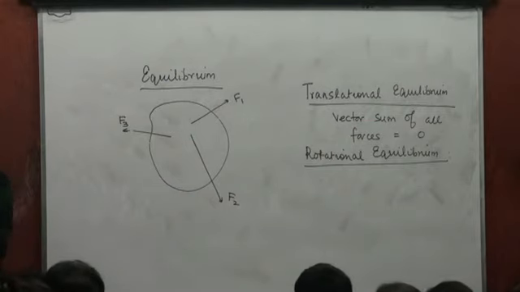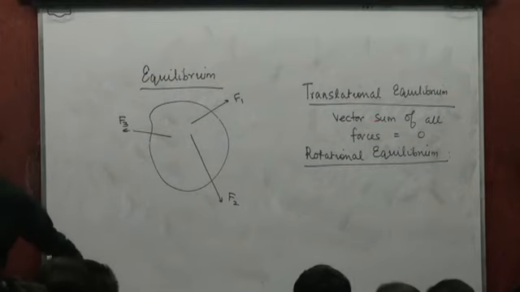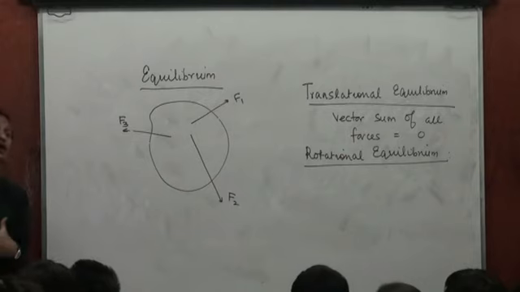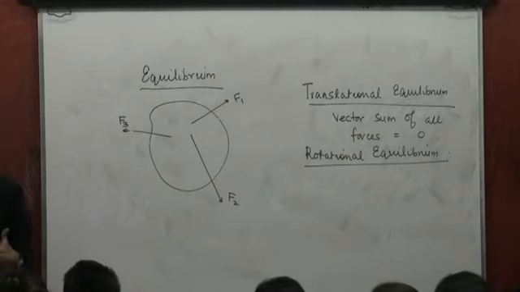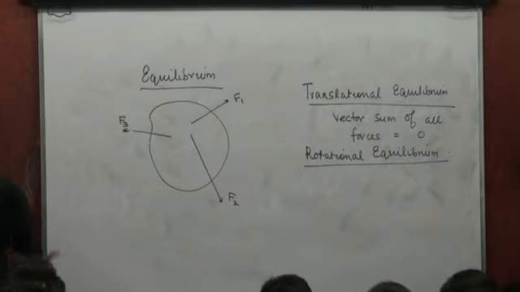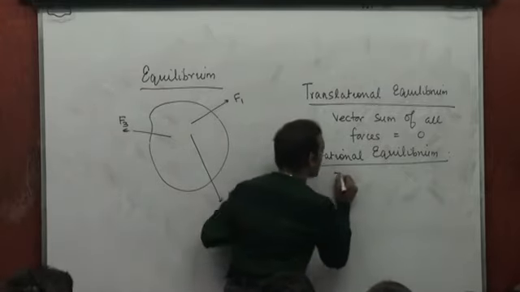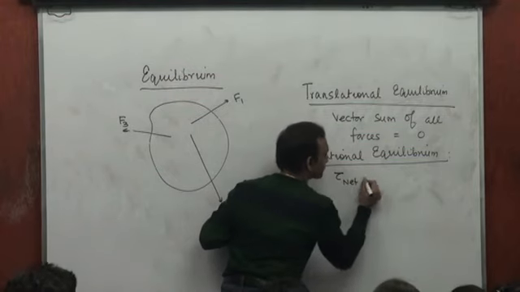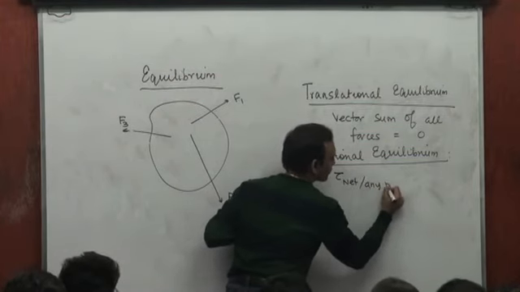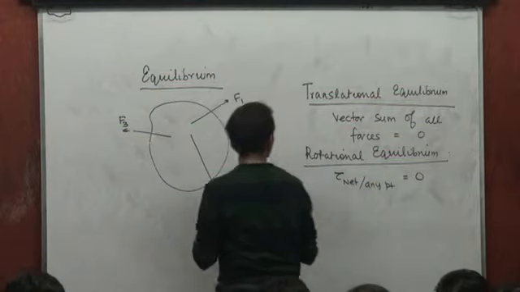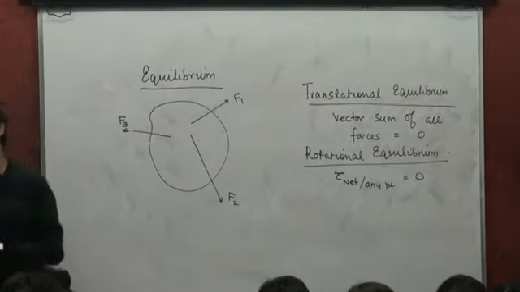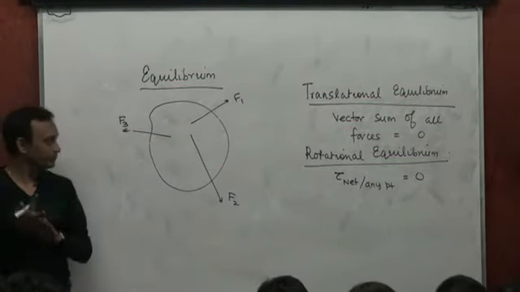Rotational equilibrium is the sum of, maybe the algebraic sum, if I talk in terms of clockwise and anti-clockwise torque, the net torque acting equal to 0 about any point on the rigid body. Tau net about any point equal to 0 will produce rotational equilibrium.